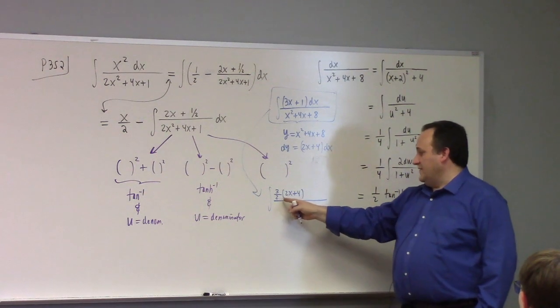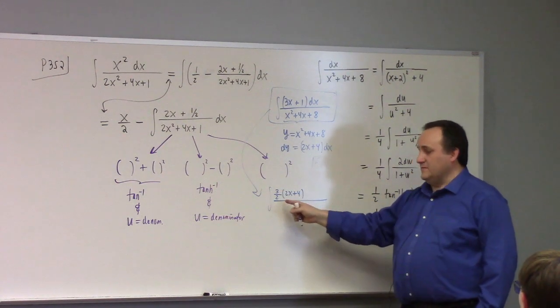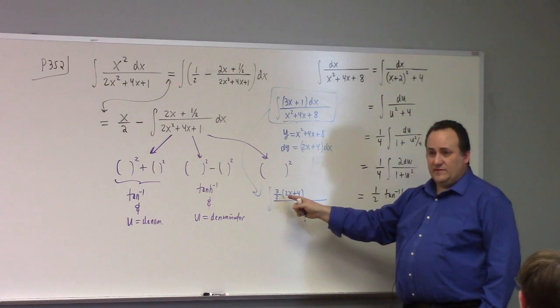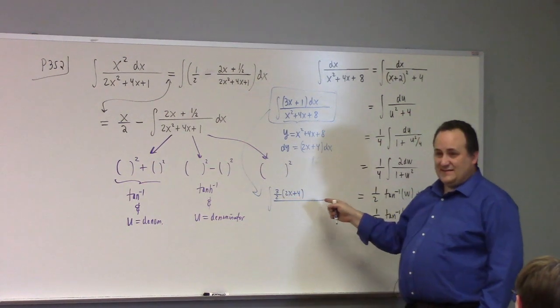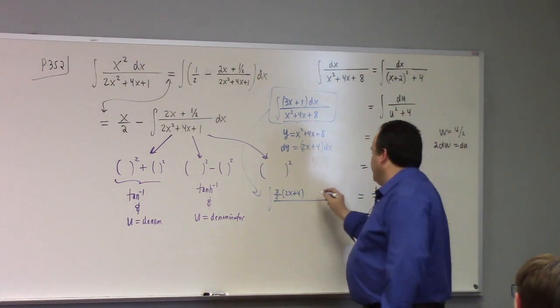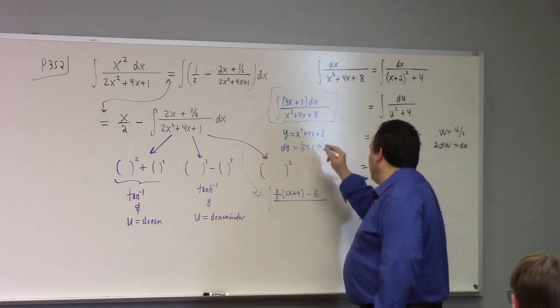I've added 12 over 2 there, which is also known as 6. So I have to subtract 6 to be fair. So minus 6. The 1 is still there.